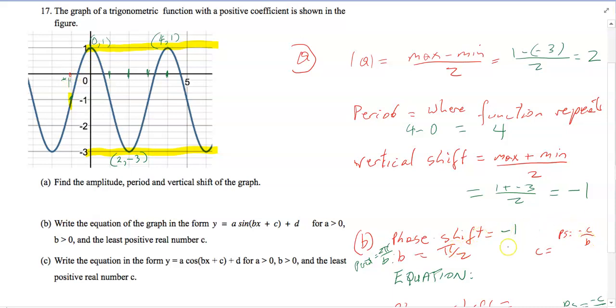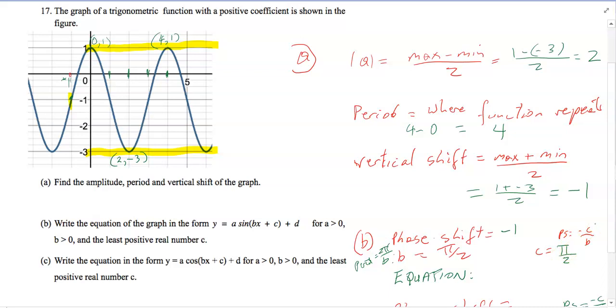We know that b was pi over 2. So negative 1 would be equal to negative c over pi over 2. Therefore, c would be equal to negative 1 times pi over 2, which would be negative pi over 2, but that was negative c, so times negative 1, that becomes pi over 2.